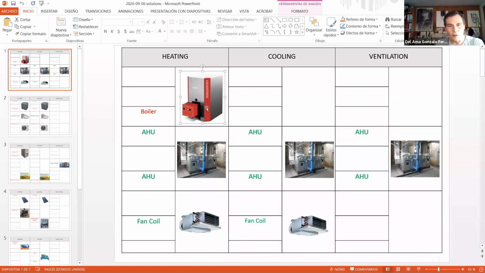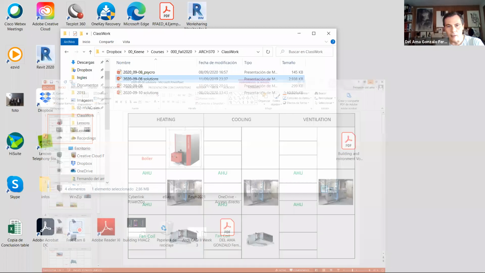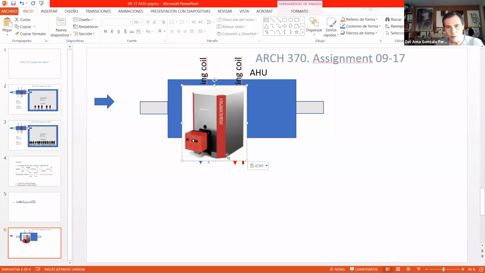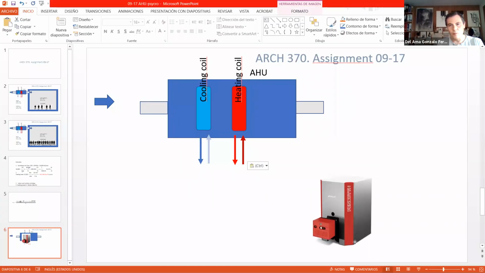Okay, so we can open this PowerPoint. This is for heating, so this is the boiler. And we can copy this here. So there will be a boiler.